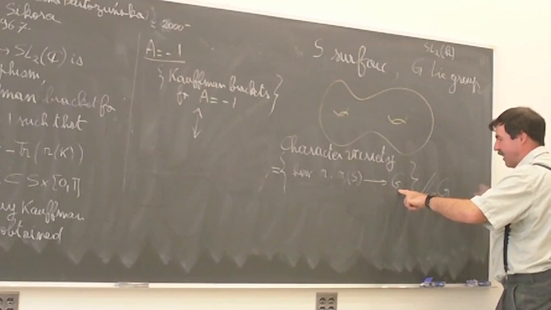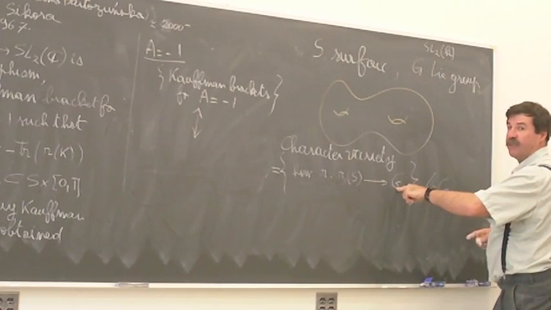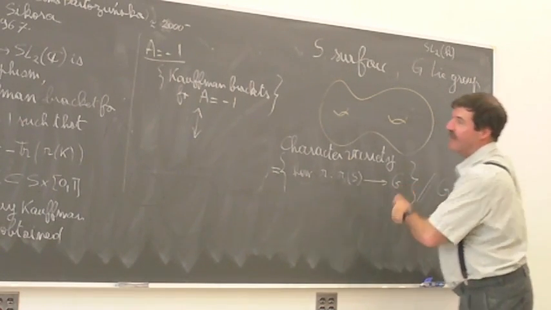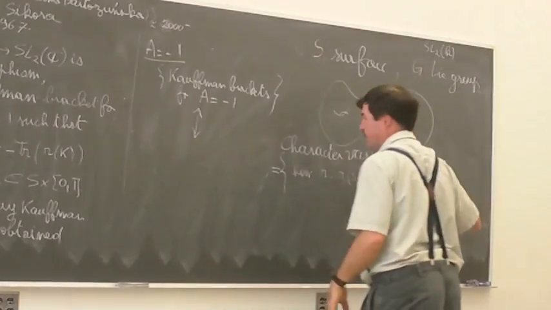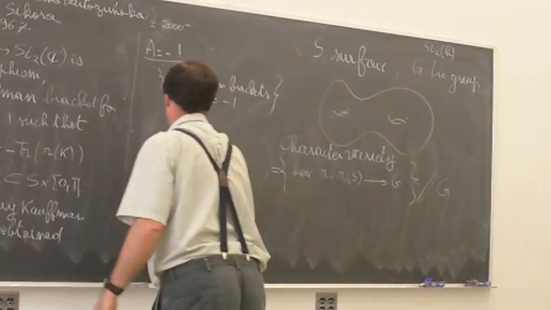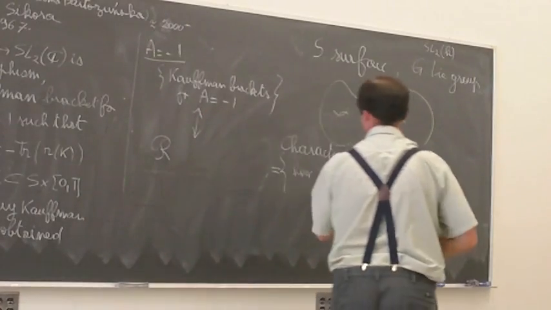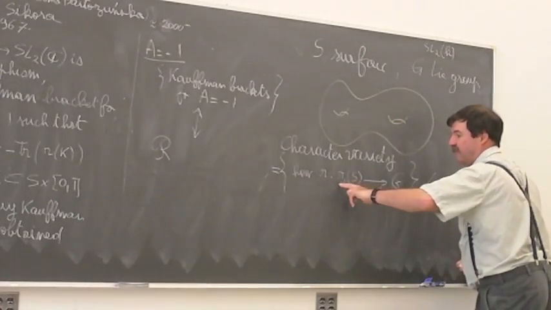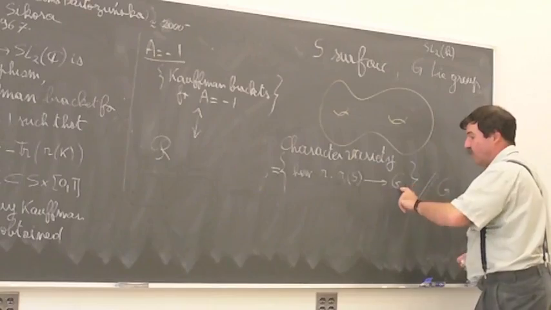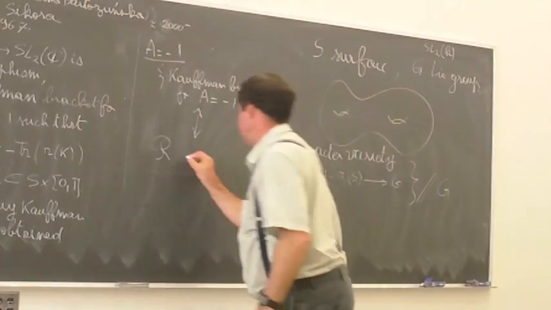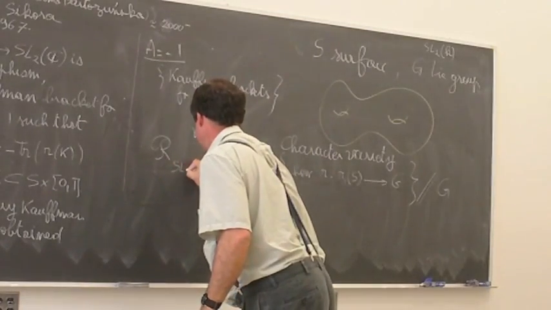This is invariant. When you conjugate, you're not changing the trace map. And so actually it goes to the quotient like this, and so it's in one-to-one correspondence with this character variety here consisting of group homomorphisms from the fundamental group of the surface to my group here, which in this case is SL2.